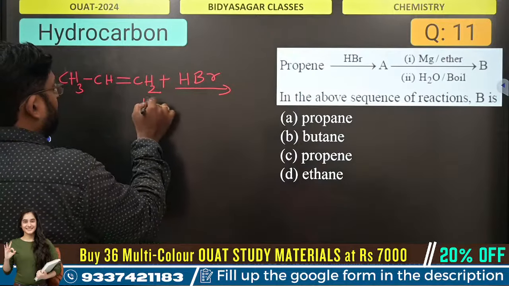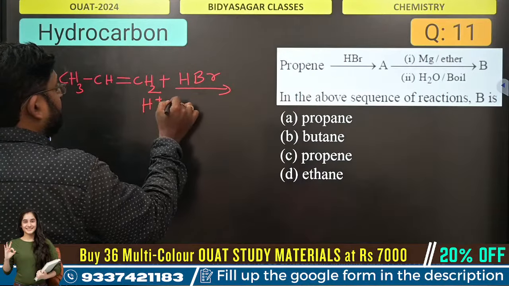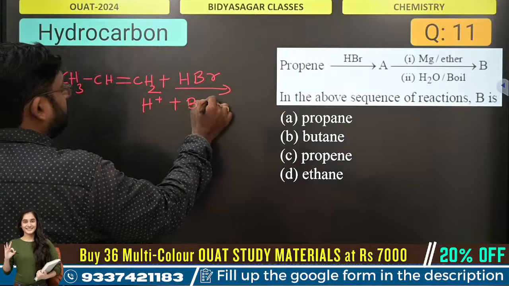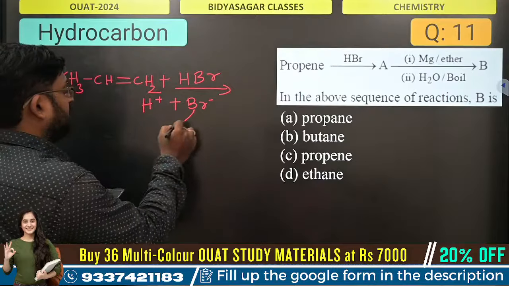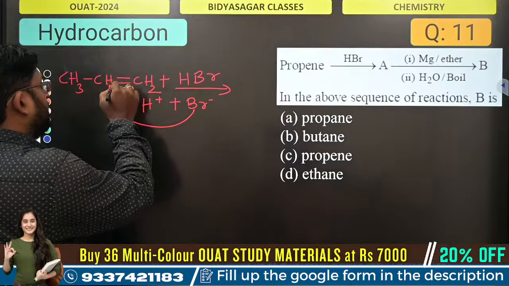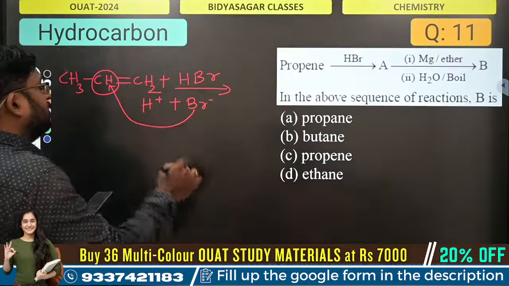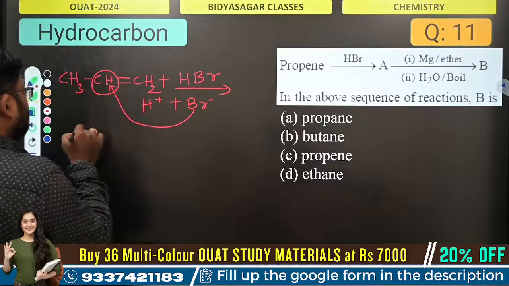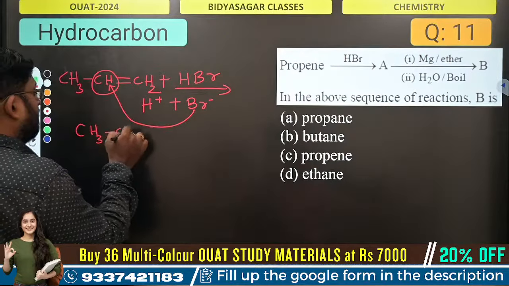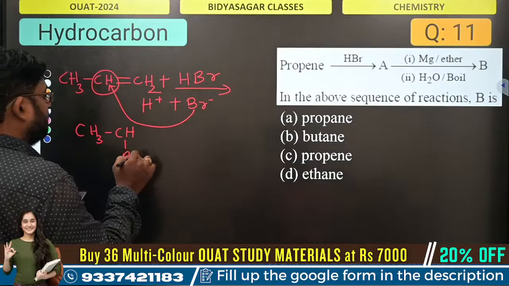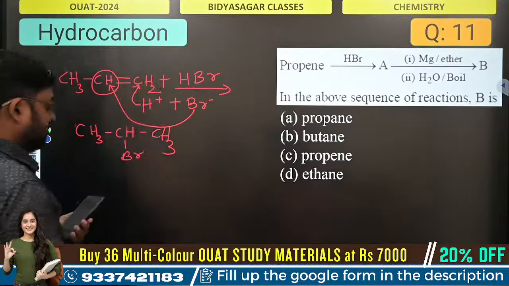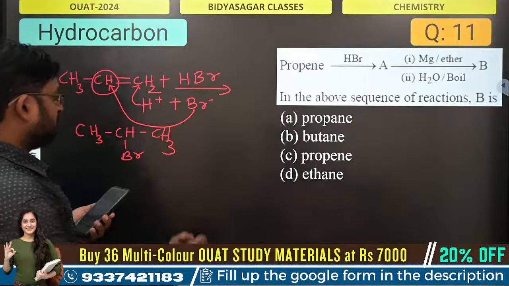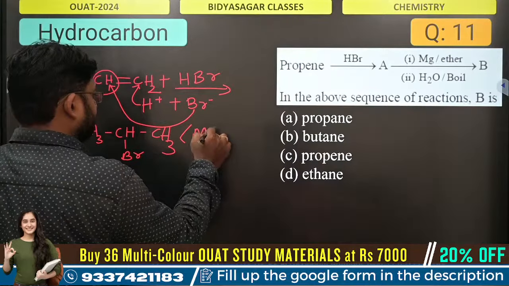It undergoes Markovnikov's rule. The negative part of the addendum, Br minus, goes to that double bonded carbon atom having less number of hydrogen, so to the CH. The major product is CH3, CHBr, CH3, with H plus going to the other carbon.